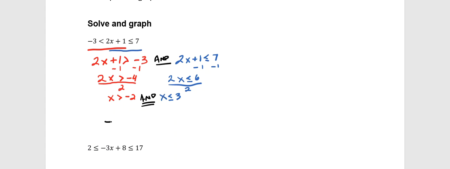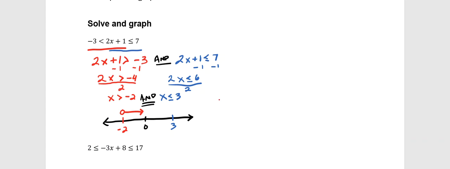If I wanted to graph that, I would graph my number line, starting at 0. Now I would have 3, and I would have -2. If we follow each inequality, I would be putting an open dot at -2, and I would be heading to the right.